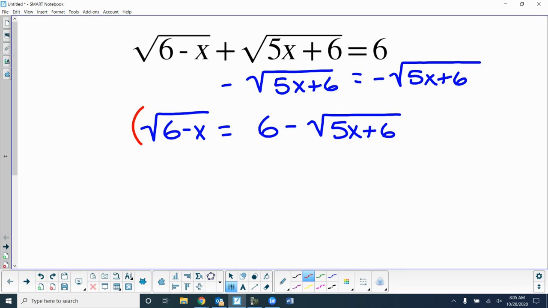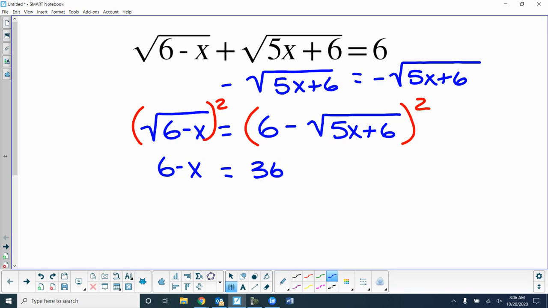So then I'm going to square both sides. Okay, so on the left it's really easy, it's just 6 minus x. On the right, two terms, so it's like foiling again. Write them twice and FOIL, or use the shortcut. Square the 6.